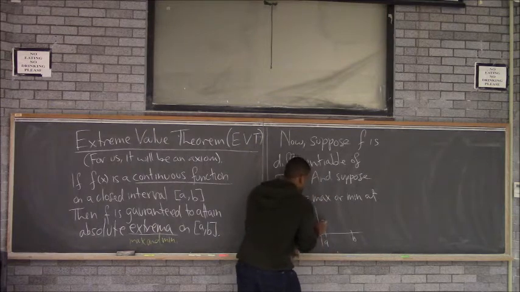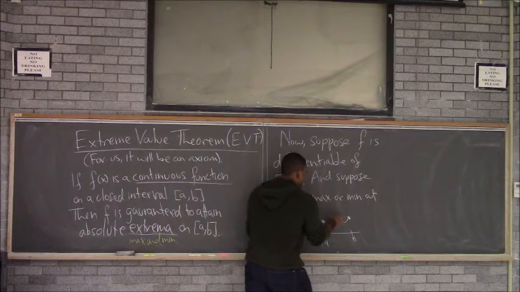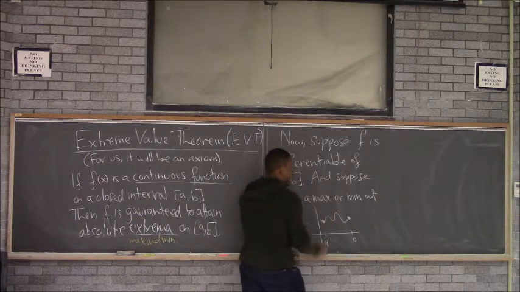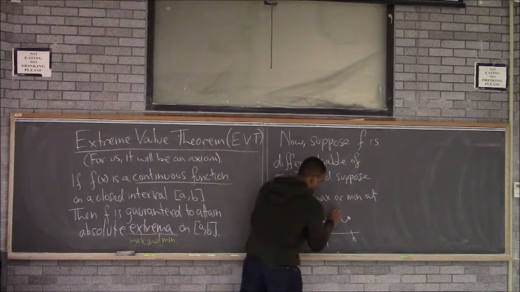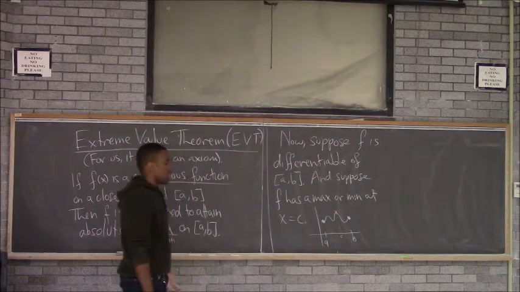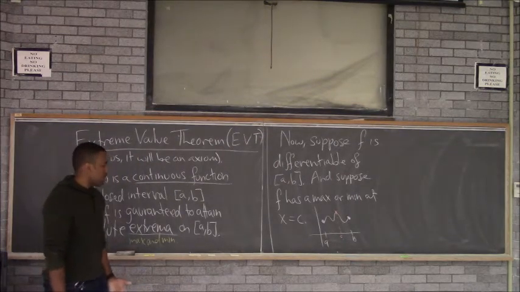So a and b have filled in points at the endpoints, and the function is moving in a nice way in the middle. Now, suppose I identify one point where I know there's a max or min, call it at x equals c. What can we know about the behavior of f at that point?